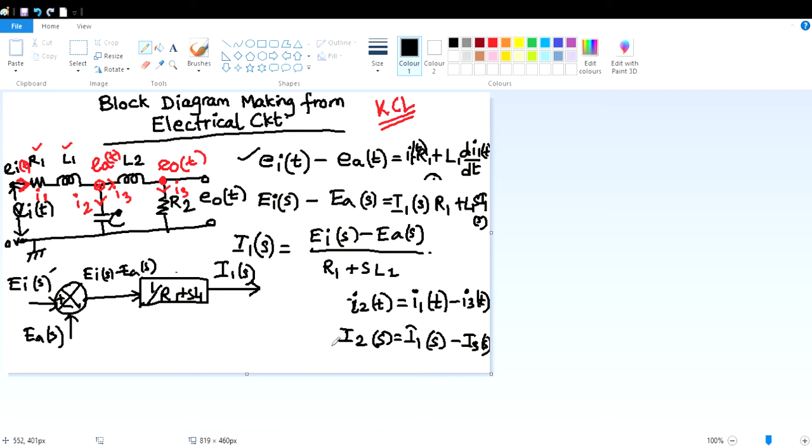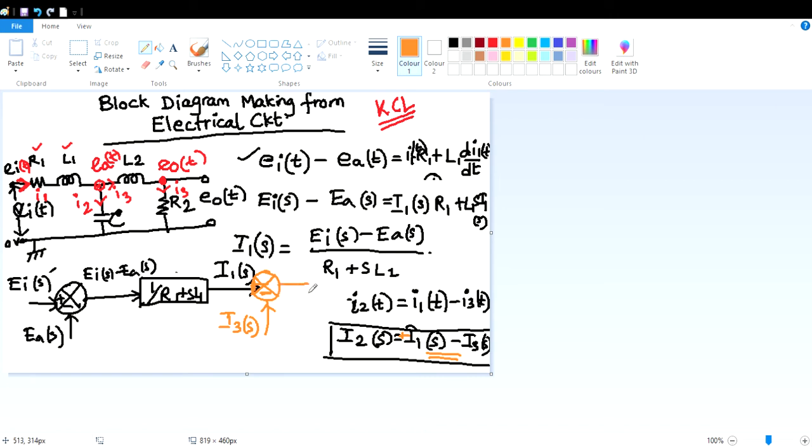To implement this part in the block diagram, I take another comparator block. I1 has a plus sign and I take a minus sign and give the I3 signal.